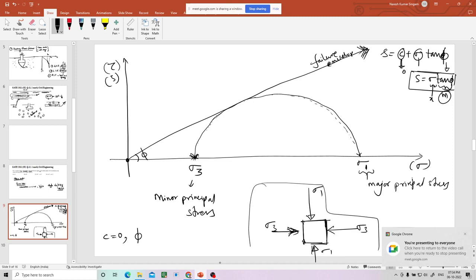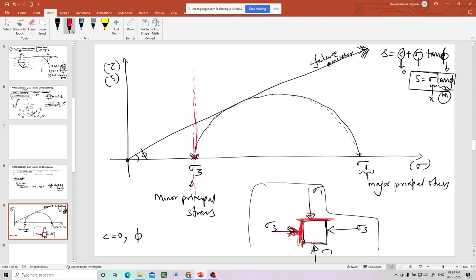So now how to draw the pole? We just have to draw the lines parallel to these planes. Where is sigma 3 acting? Sigma 3 is acting on vertical plane, right? So I will draw a vertical line through sigma 3. And where is sigma 1 acting?